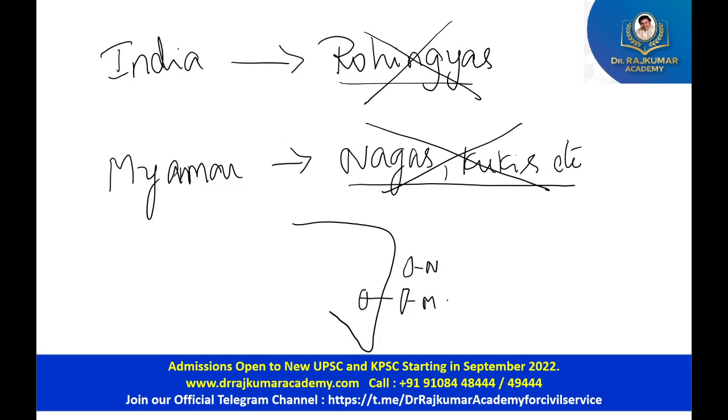Indian army was attacked, bombarded here. So what happened? Indian army started entering into Myanmar and started killing these people. And the Myanmar army, they were quiet. They did not come and protect Manipuri groups. India was given permission to enter and hit them.